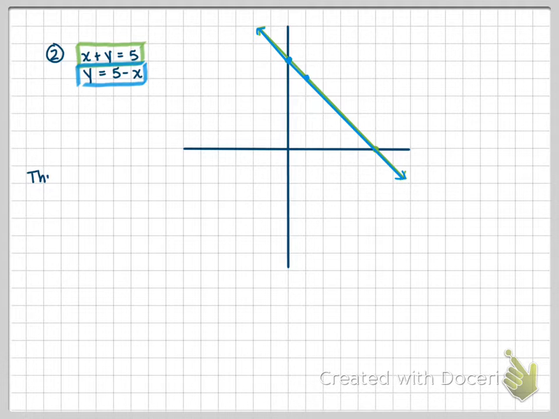So this system is consistent. And then is it dependent or independent? It's dependent because we don't get two separate lines. We get the same line twice. So we call that dependent. And when you're asked to solve this and you get this situation, you just say that there's an infinite number of solutions, or infinitely many solutions.